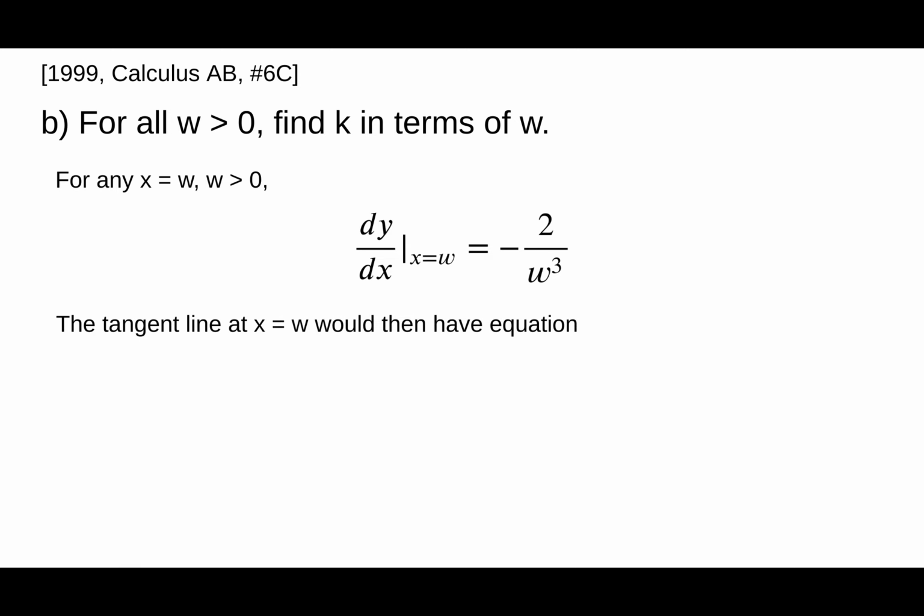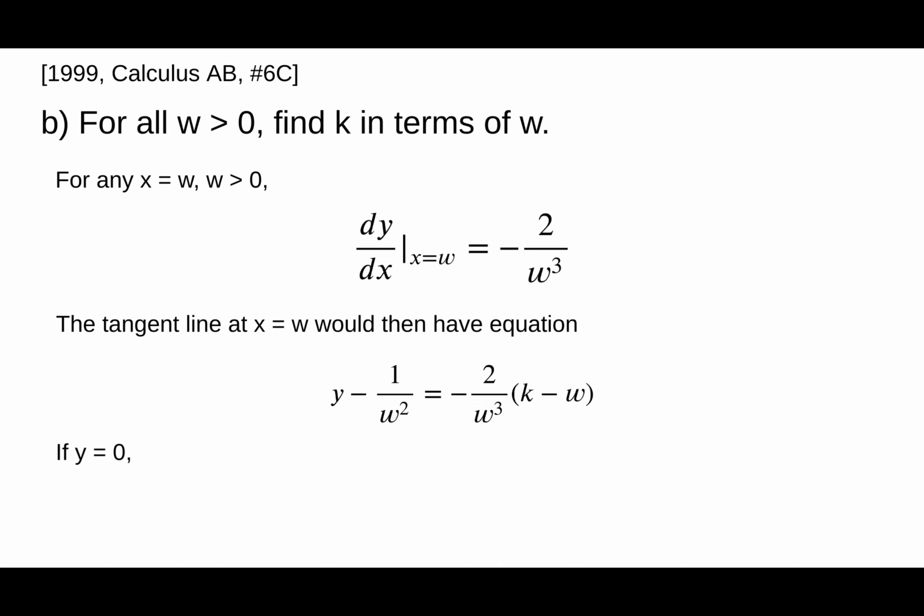So if the slope of that tangent line is negative 2 over w cubed, we can write an equation for that tangent line for any value of w: y minus 1 over w squared equals negative 2 over w cubed times k minus w.